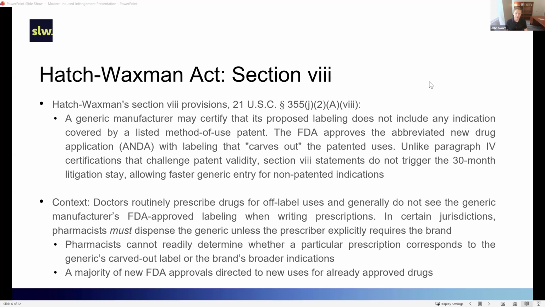And thus, the generic could be prescribed and used for something that is patented while not directly fostering that connection themselves in their marketing and certainly not with their label.